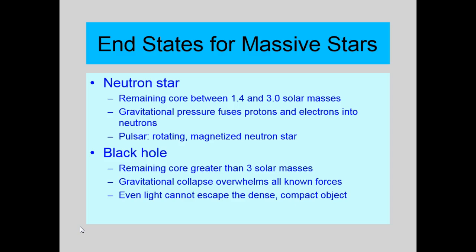Well, what happens? The gravitational pressure here fuses the protons and electrons together so that they all become neutrons. That's what a neutron is. It's a fused proton and electron, wiping out the charge but making a little bit more mass than the proton has. Okay? Now, that's why we call them neutron stars.